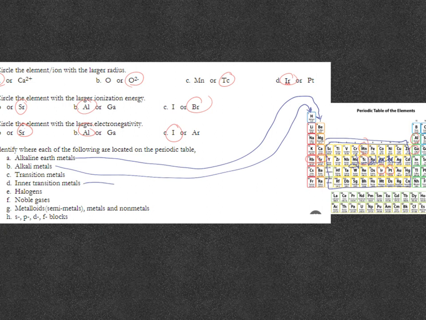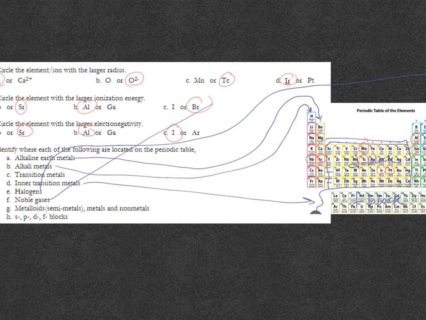Your inner transition metals are down here. That's also the F block. Halogens are group 17. Noble gases are group 18.